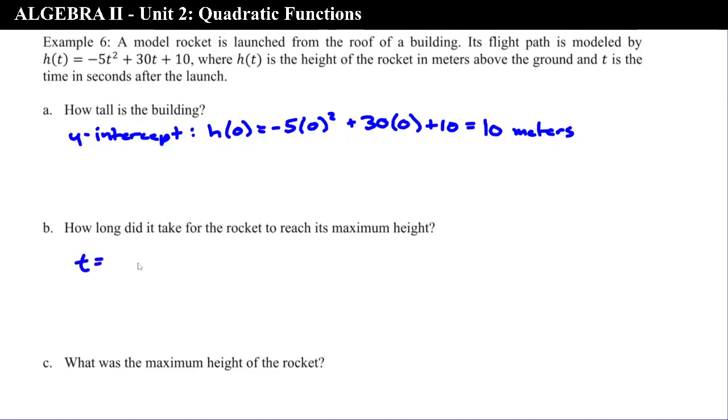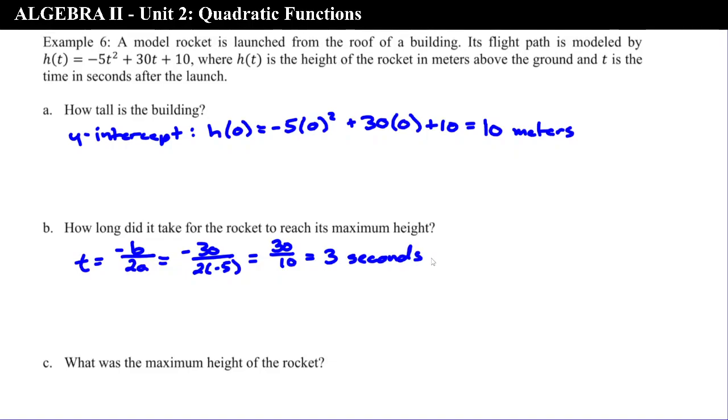Our axis of symmetry in standard form is found by negative b over 2a. b here is 30. a is negative 5. And so when you do this, we have 30 over 10, which ends up being 3. So it took 3 seconds for it to reach its maximum height.